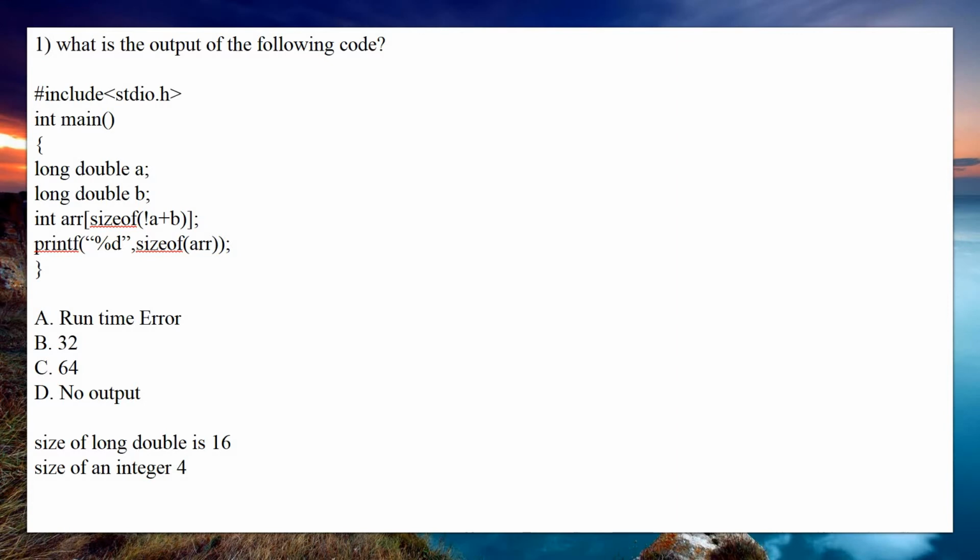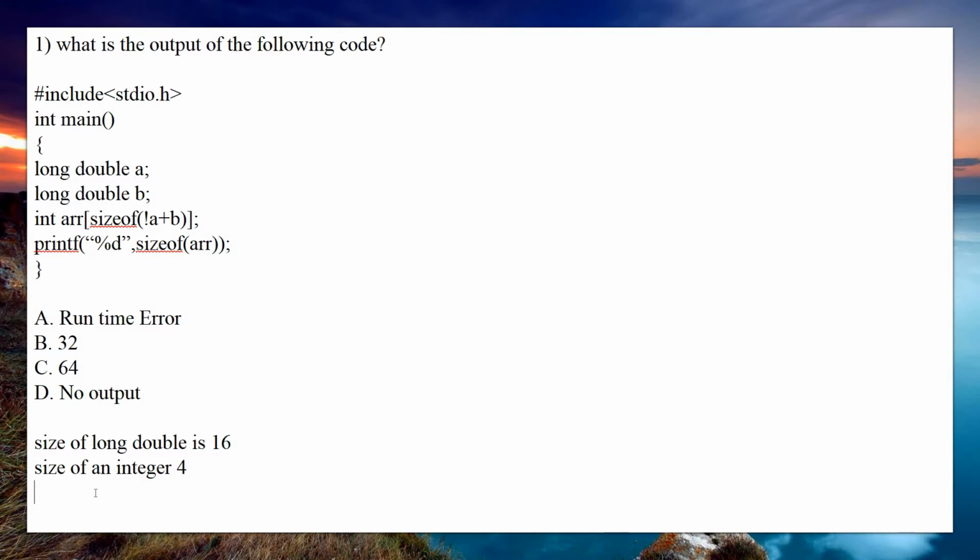The size of a long double, with respect to compilers, is 16, and the size of an integer is 4. And here you need to find the array size with not A plus B, that is the size of A plus B, the entire size of A, B and the integer, and you need to print the size of the array. So the array is an integer, and A and B are long double.